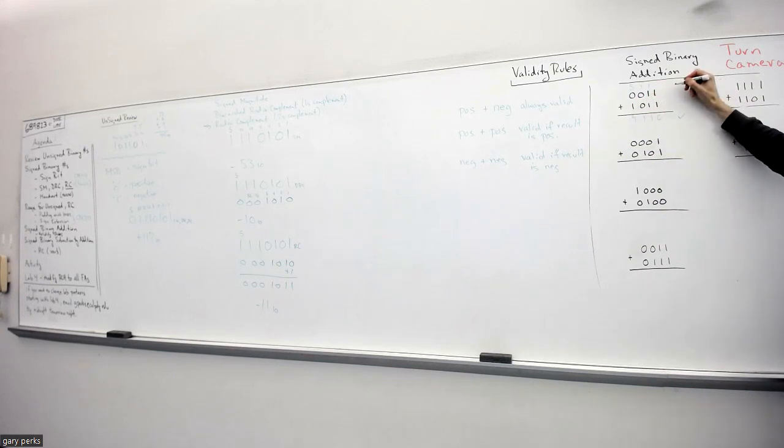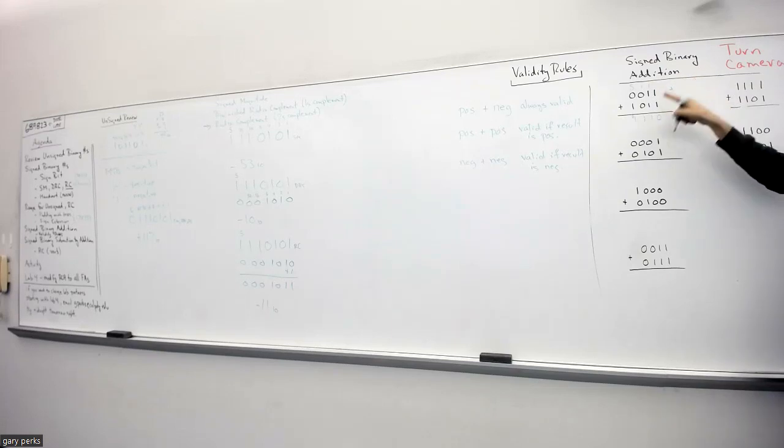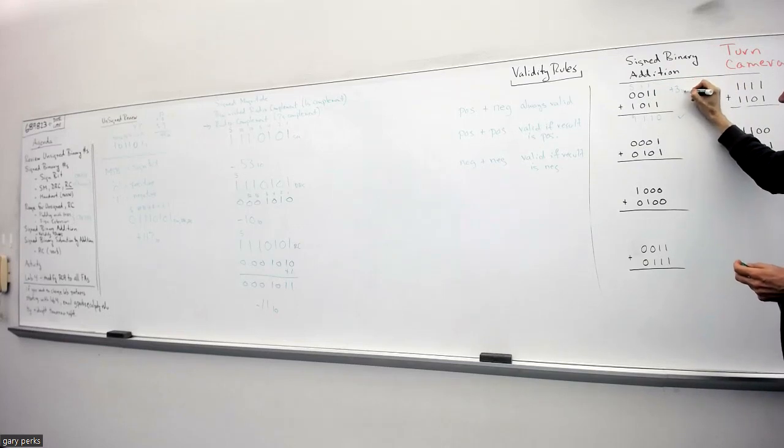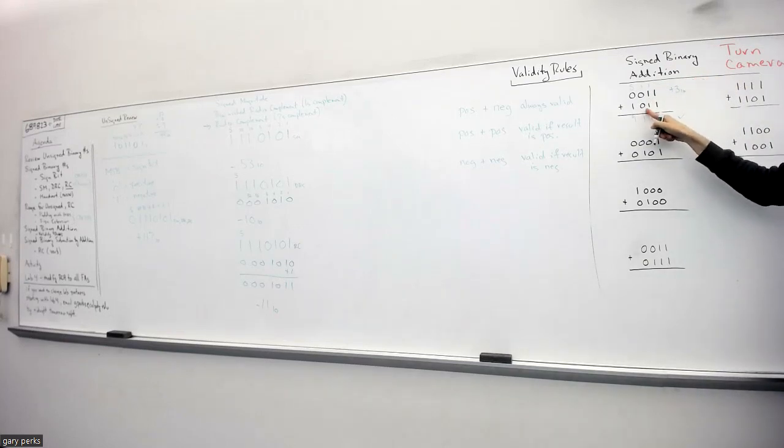It's positive what? 3. So this is plus 3 in base 10. What's 1011 in two's complement in base 10? Remember, the leftmost bit doesn't have numerical value. This is the sign bit, so that tells us it's negative.